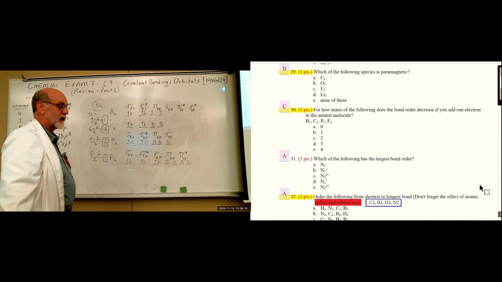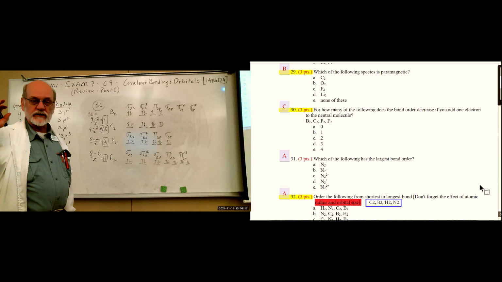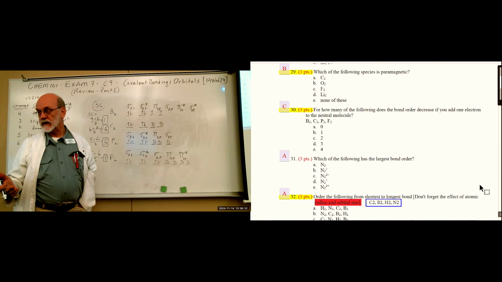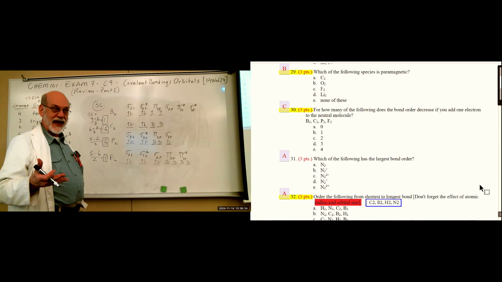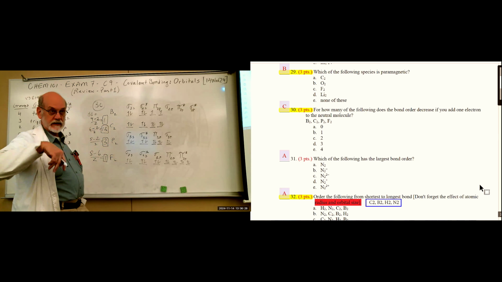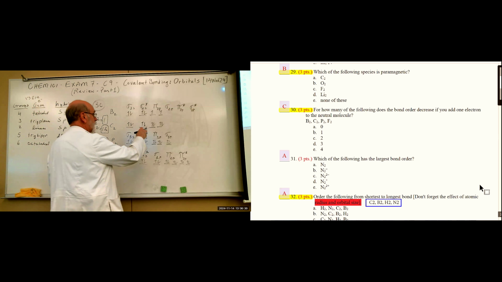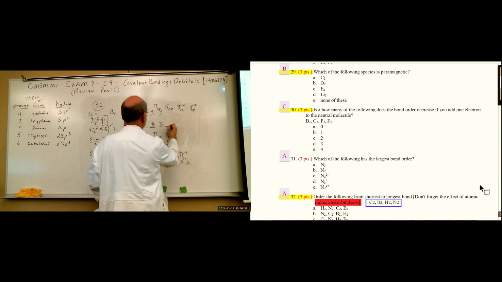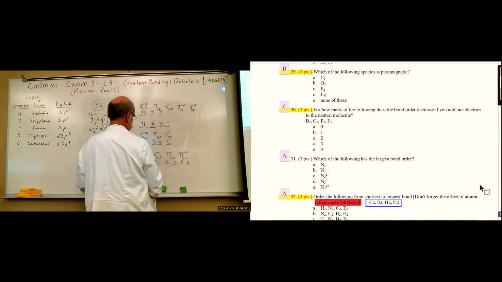I'd look at it this way. If you want to decrease the bond order, you increase the anti-bonding electrons. So when we add an electron, the ones where the electron goes into anti-bonding will decrease it. Right? If we put one here, nope. If we put one here, nope.